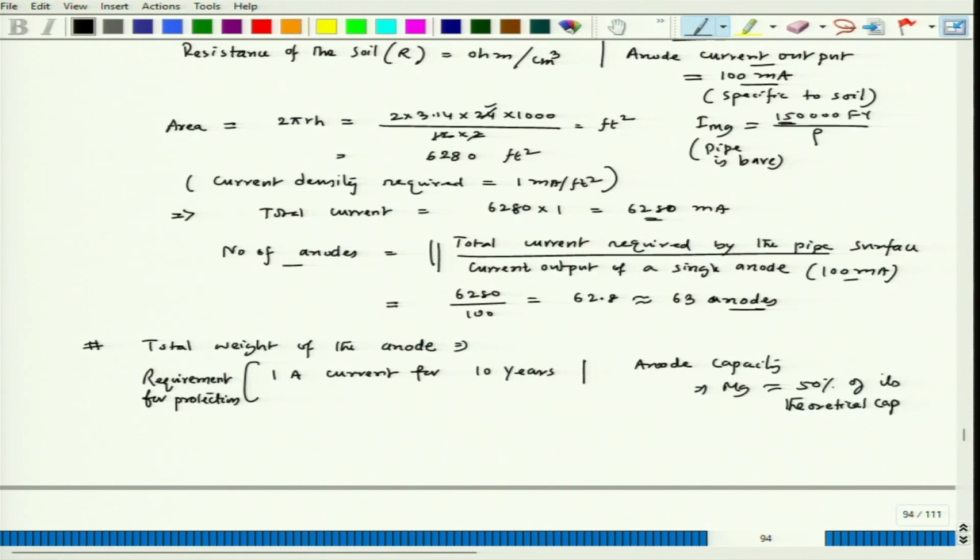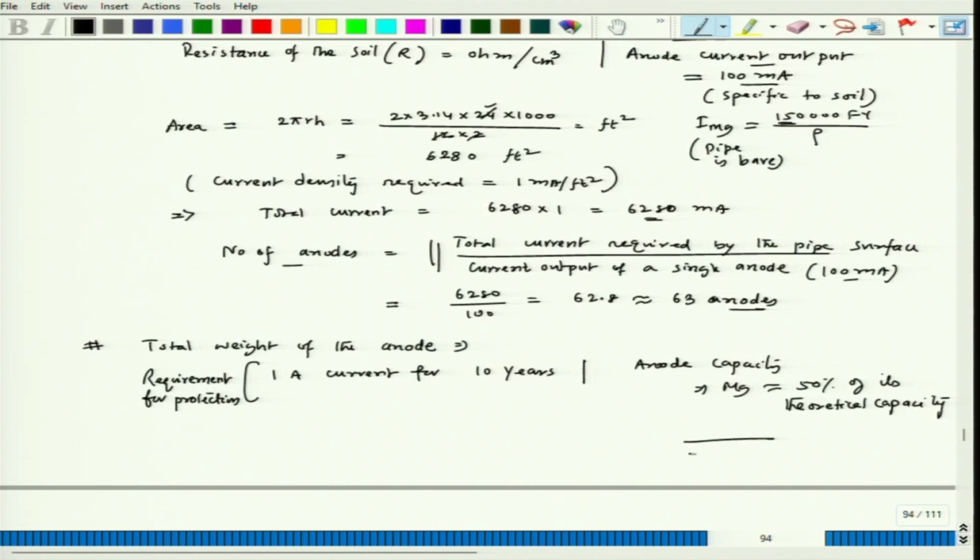Earlier we have also seen how to calculate this theoretical anode capacity by using the atomic weight of that particular element, and then seeing that the element dissolves, and theoretically it should not have any self dissolution, that means self corrosion.